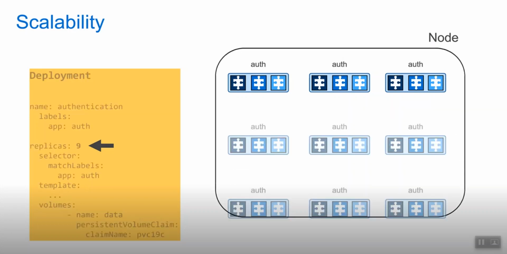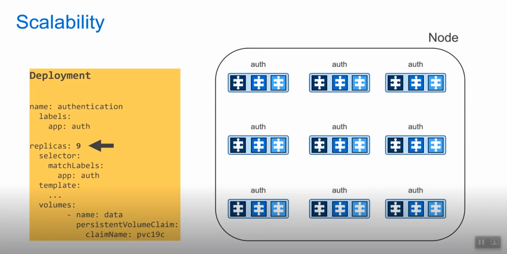No problem. By just changing one field in the deployment manifest file of the authentication service, any number of replicas can be served. Again, Kubernetes is this orchestration platform which takes the manifest file as the input and spins up the required number of replicas with the right type of storage, with the right service level, etc. that is defined in the manifest.